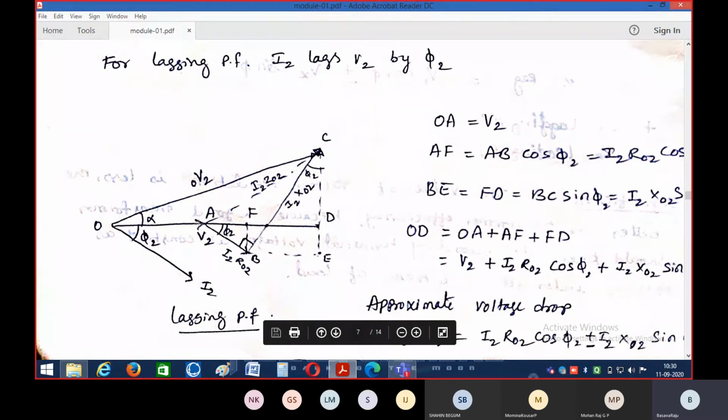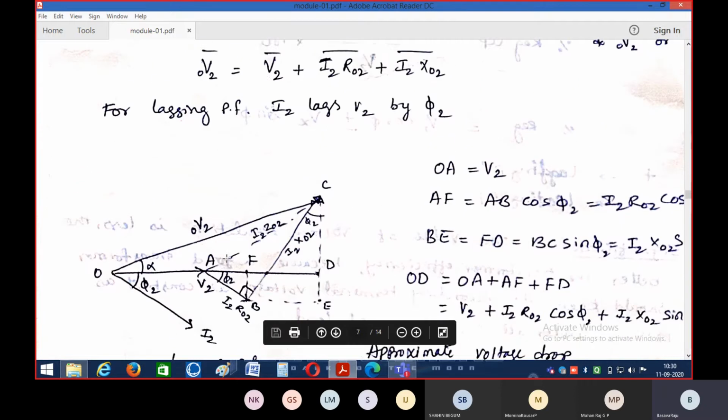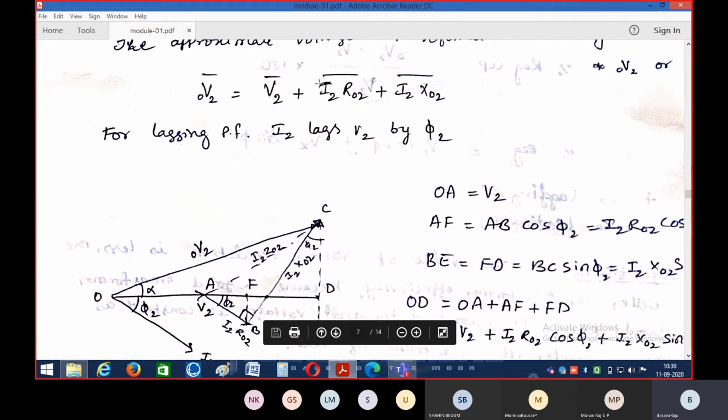So with respect to OA, the vector OI2 has phi 2 degrees, lagging behind the voltage V2. Now, if you add I2 R02 and I2 X02 to the V2 vector, we will get V2 naught. So first I have to represent I2 R02. How to draw the I2 R02 vector? I2 R02 is nothing but I2 R2, the drop due to the resistance.